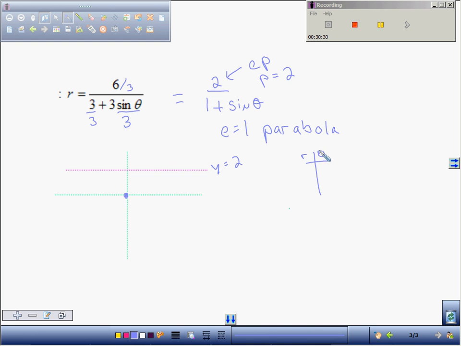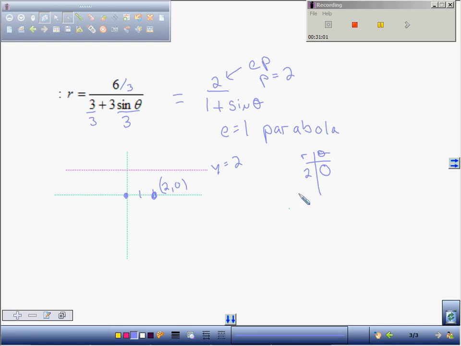So when theta is 0 in this equation, it's actually easier than this, right? So 2 over 1 plus, what's the sine of 0? 0. So when I plug in theta, I get 2 over 1, which is just 2. So I have a point out 2 and rotate through 0, or in rectangular form, the point (2, 0), right?